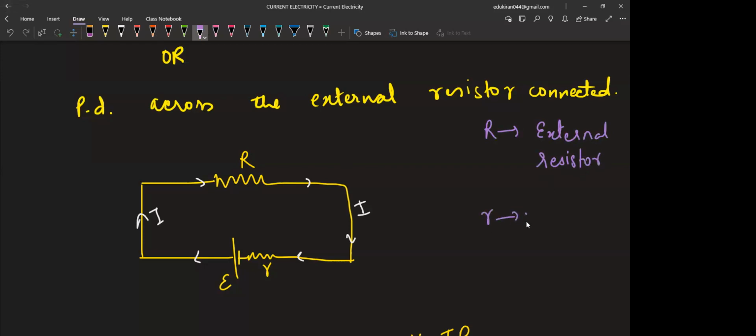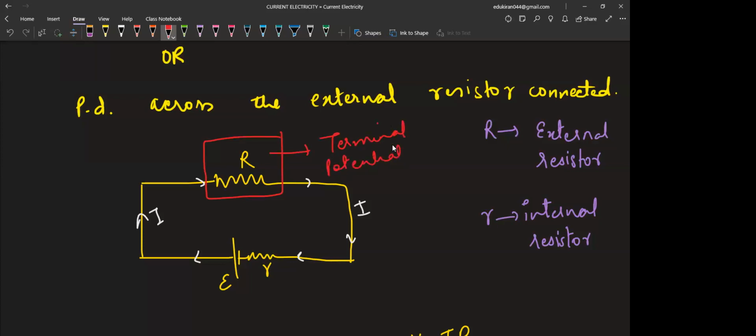Small r represents the internal resistor. Whatever is the potential difference across the external resistor, we call this the terminal potential difference.